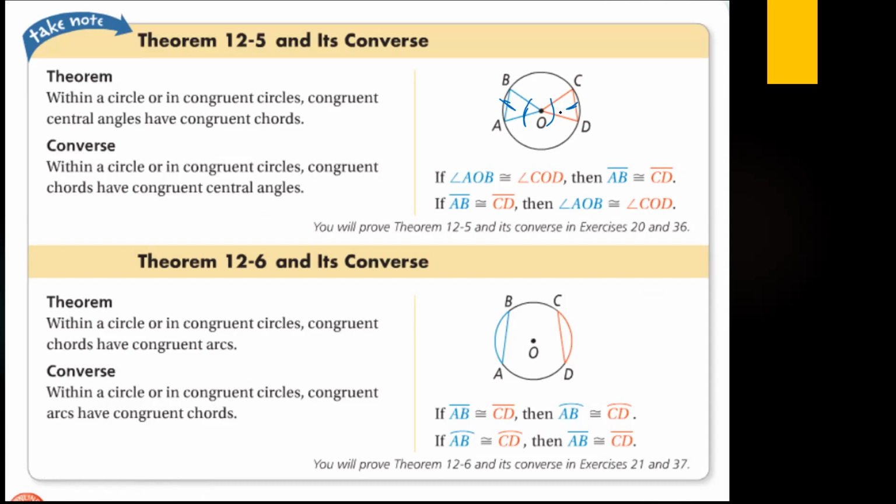If the two chords AB and CD are congruent to each other, that means their central angles will be congruent. Is it clear? Yes. Okay. Let's see now 12.6 here.